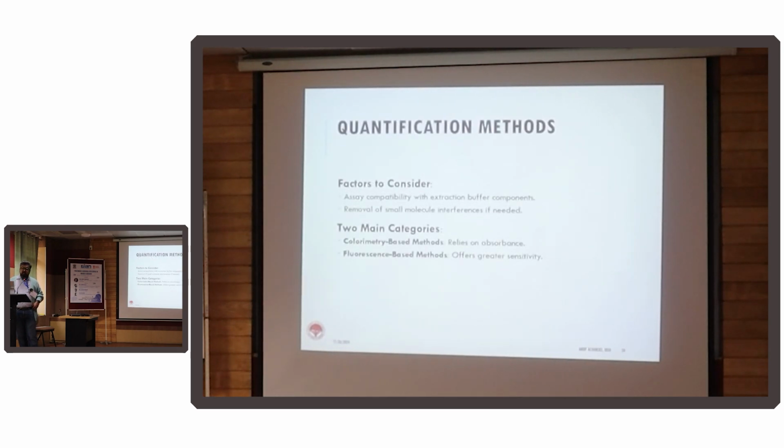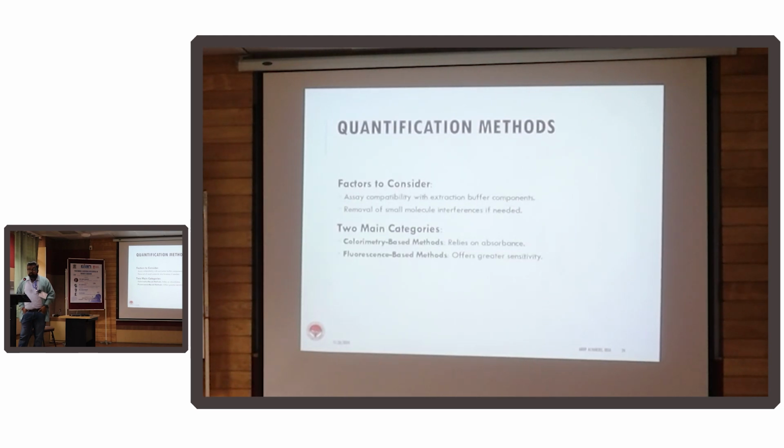And while we are using quantification, you can use two types. One is colorimetry based. So if you're working on a highly abundant protein, you have no dearth of samples, you can use colorimetry based methods. If your samples are very rare, you're working on a clinical sample, right?